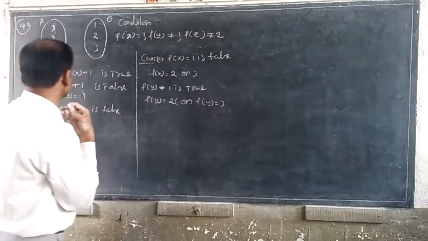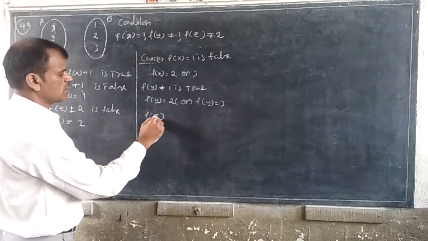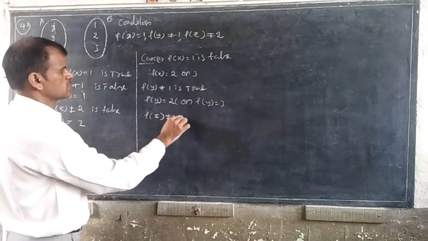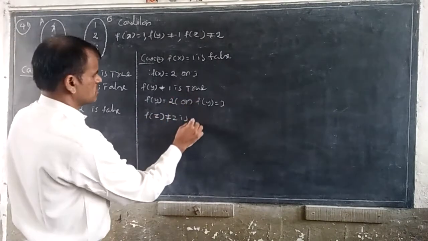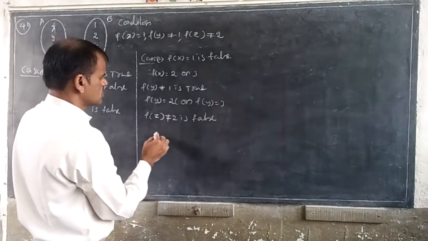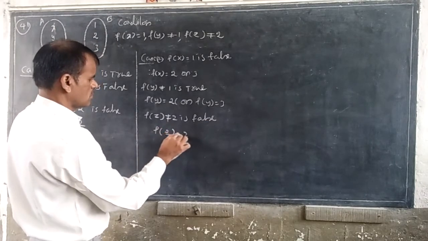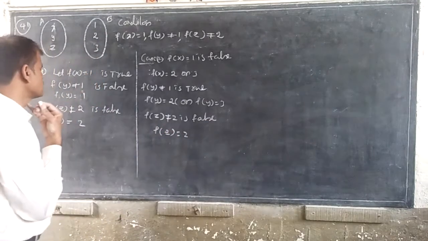Next, f of z not equal to 2 is false. Only one is true, so f of z should be 2.